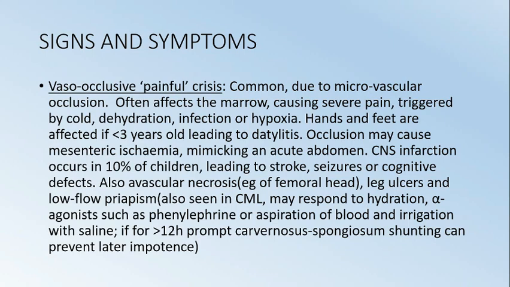If you are able to act promptly, it helps prevent impotence. But if it goes on for more than 12 hours, cavernous spongiosum shunting can prevent later impotence. So it's very serious and can lead to impotence.